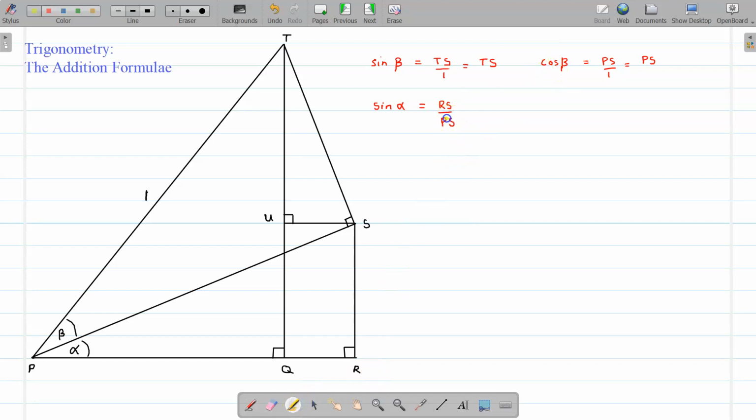So if I just highlight that and that, I can now say that because those two are the same thing, sine alpha is also equal to RS over cos beta.